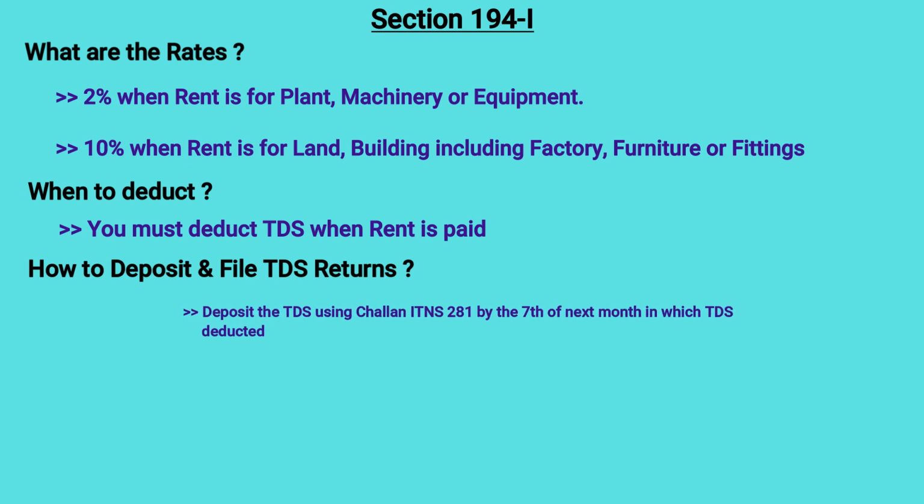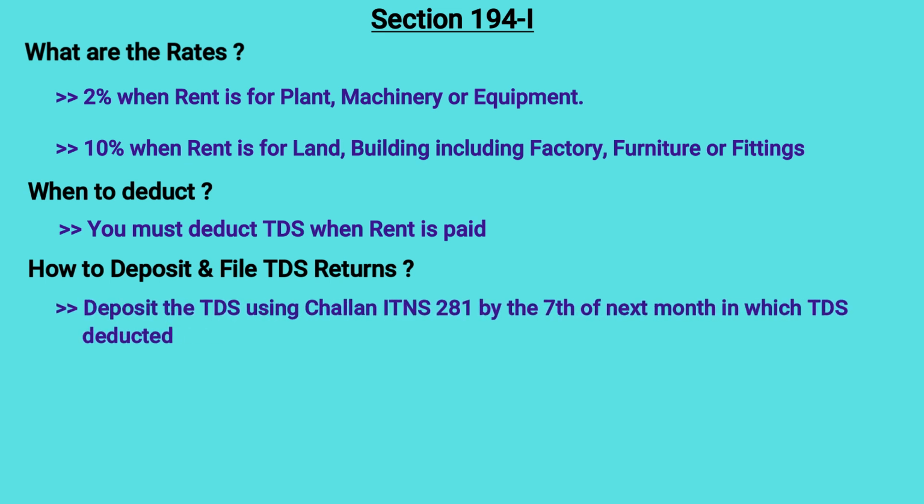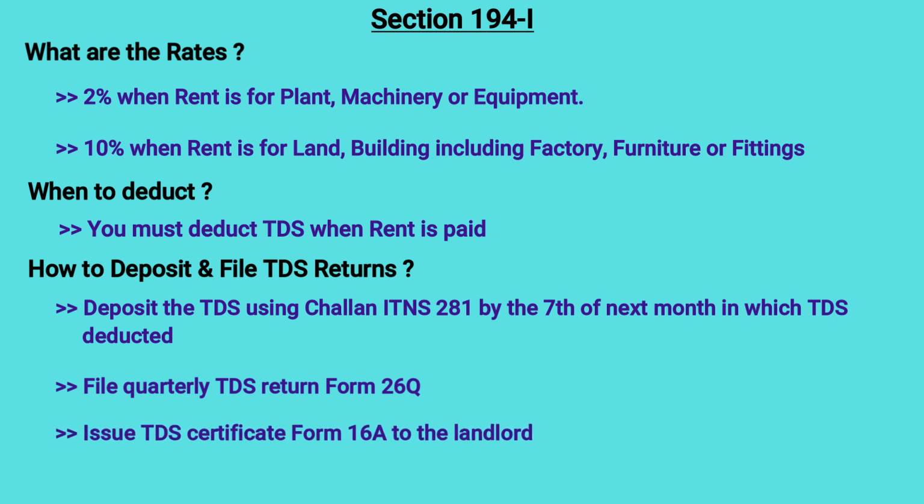The tenant must deposit the TDS on time, usually via Challan ITNS 281, by the due date, normally the 7th of the next month when deduction occurs. Then file the quarterly TDS return, that is Form 26Q for non-salary. Issue the TDS certificate, that is Form 16A, to the landlord.